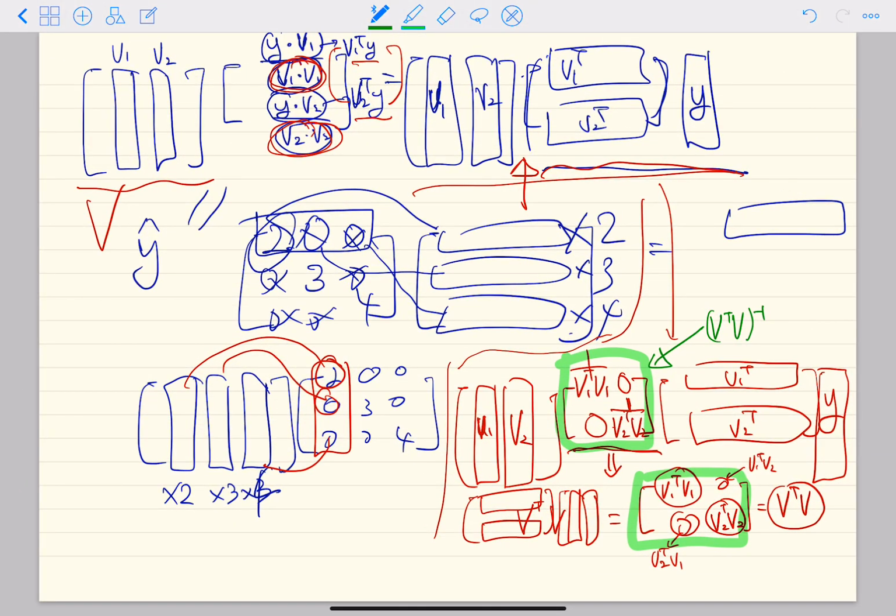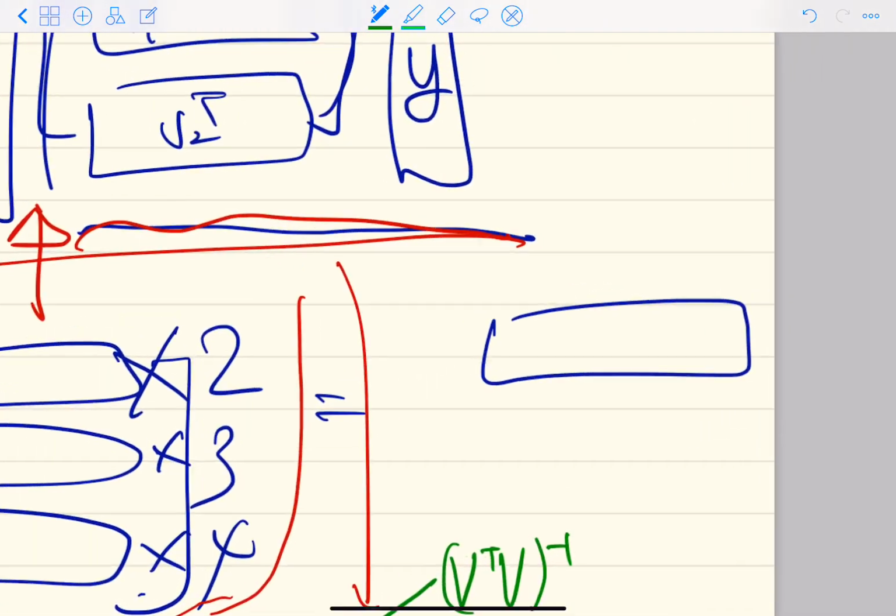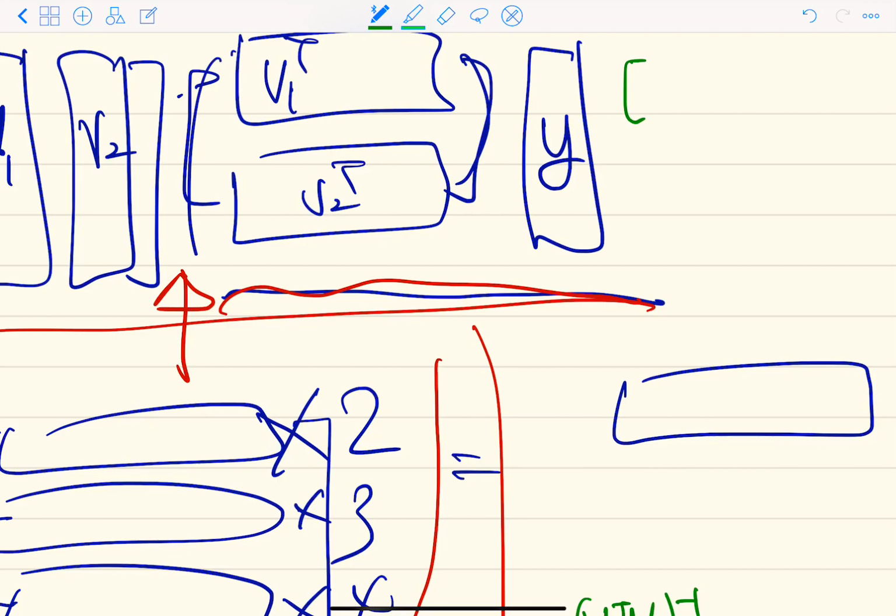Okay, so let's think of this 3 2 0 and 3 0 3, which is a diagonal matrix, and consider its inverse, which is simply this.